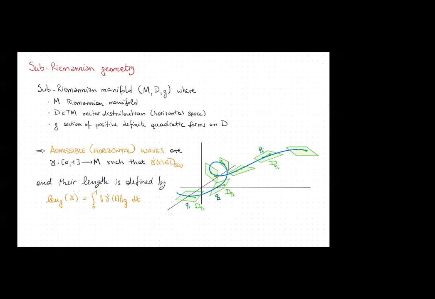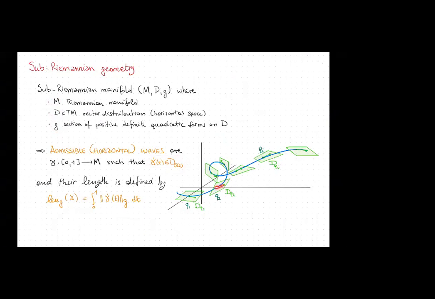Once we have these 3 objects in place, our ambient space, our restrictions on the velocities, and a way to take scalar products, compute lengths or angles there, we can define what are admissible curves, or what are called horizontal curves. Those are exactly those curves in our ambient space such that their velocity belongs to the distribution. This is what is in this picture here.